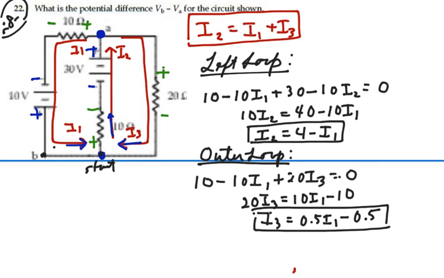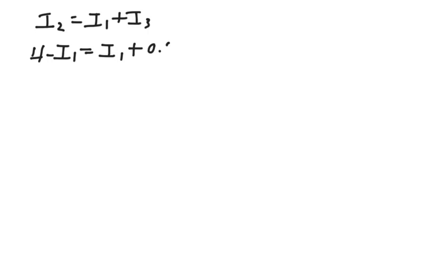So now I have I2 and I3 in terms of I1. I can plug them into that first equation and get one equation with one unknown. So since I2 is equal to I1 plus I3, we have that 4 minus I1, which is I2, is equal to I1 plus, and then I3 is 0.5 I1 minus 0.5.